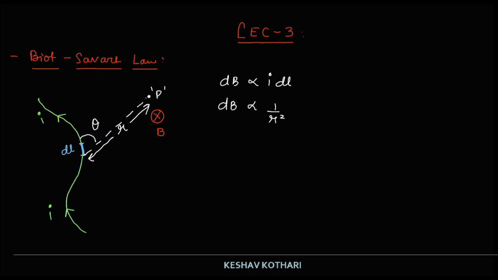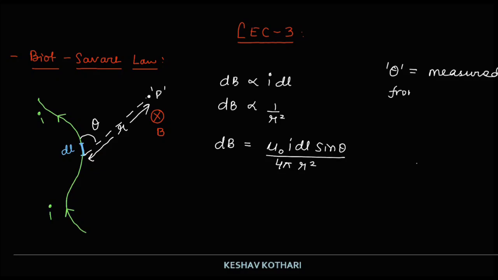So I can say that from here we write it as dB is equal to mu naught I dl sine theta upon 4 pi r square, where the angle theta is measured from the current element.